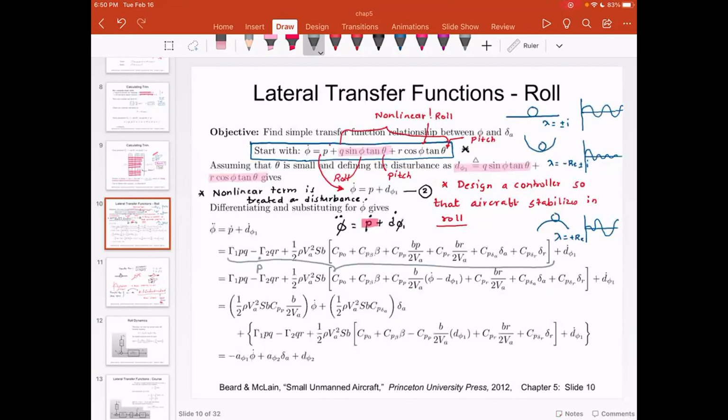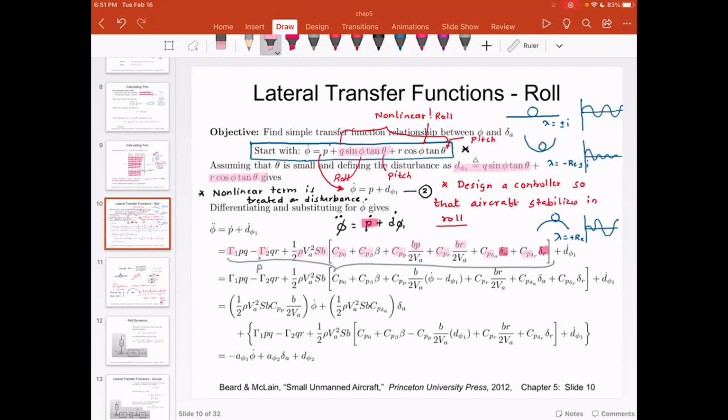And then as soon as you add P dot to it, what happened? Notice the control surfaces came into the picture. Please note here, all these terms are constant.